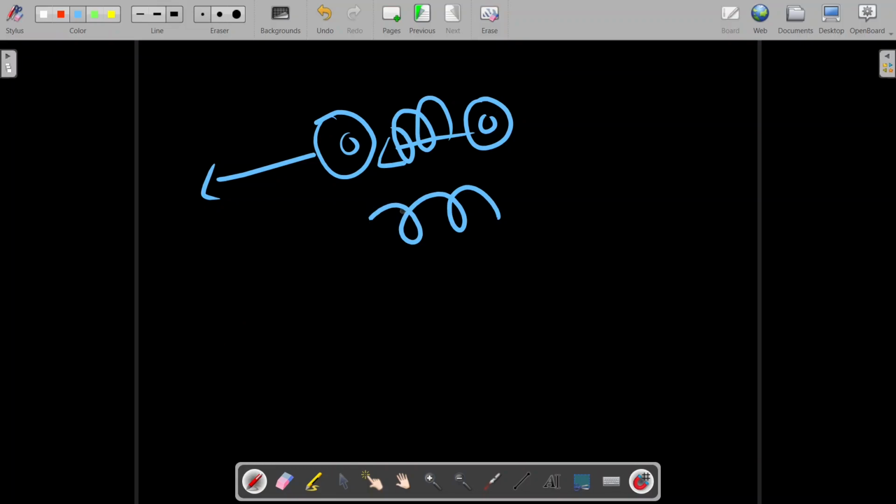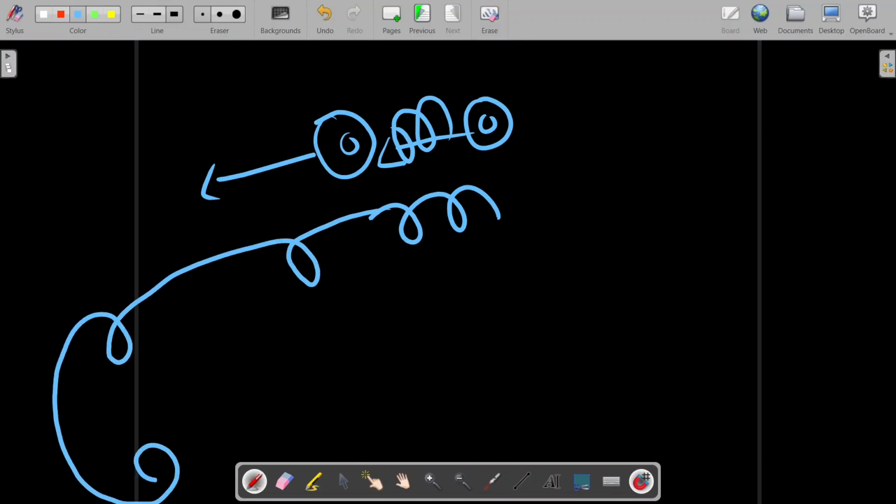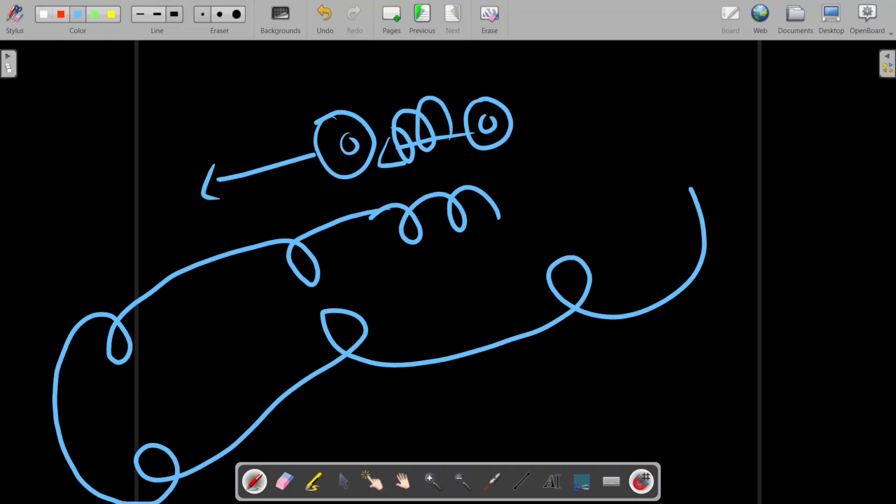See here, there is a constant loop, but due to the change, this loop gets changed, right? See the size of this loop. So suddenly, due to the acceleration of the electron, this releases a radiation from such a magnetic field, which is perpendicular to the magnetic field.